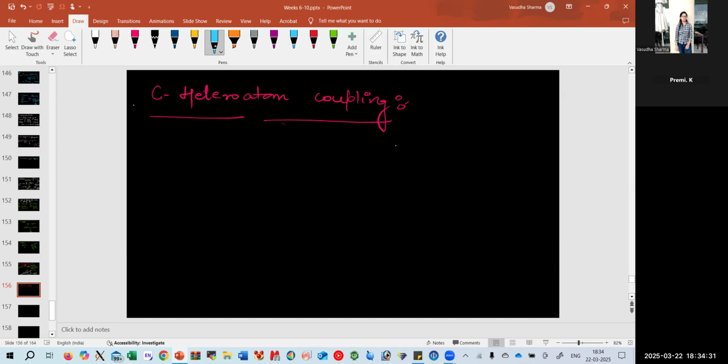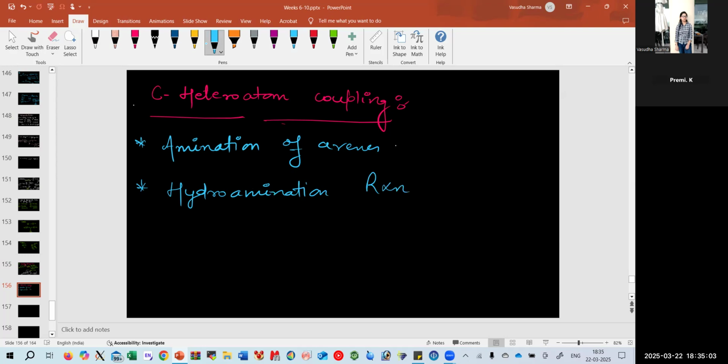So in general, they require no very drastic conditions compared to when we do an addition with alkenes or alkynes. So first is amination of arenes. That means C-N bond formation. Second is hydroamination reaction.